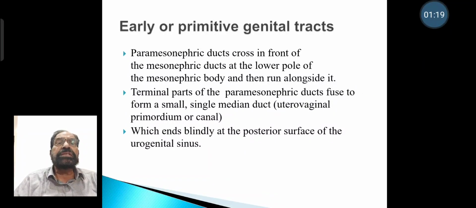Paramesonephric ducts cross in front of mesonephric ducts at the lower pole of mesonephric body and then run alongside it. Terminal parts of the paramesonephric ducts fuse to form a small single median duct that is called the uterovaginal primordium or canal, and ends blindly at the posterior surface of the urogenital sinus.